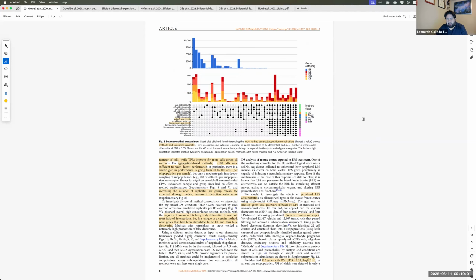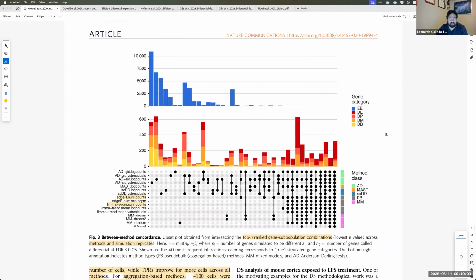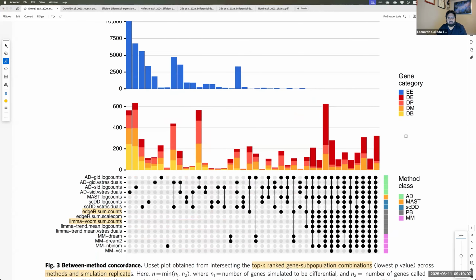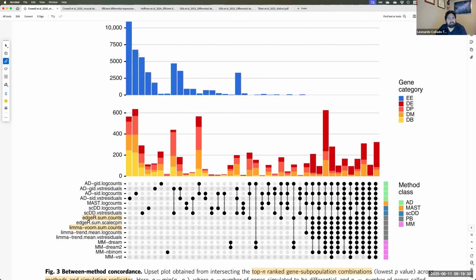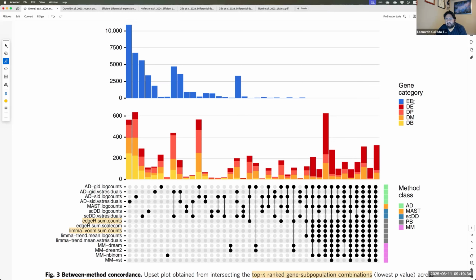Figure 3 here is a bit complicated to understand because it's an upset plot with two bars on the top. Normally you want the stuff that is overlapping to be of importance. Here, what they're showing is the blue bars are the things that were actually equally expressed.